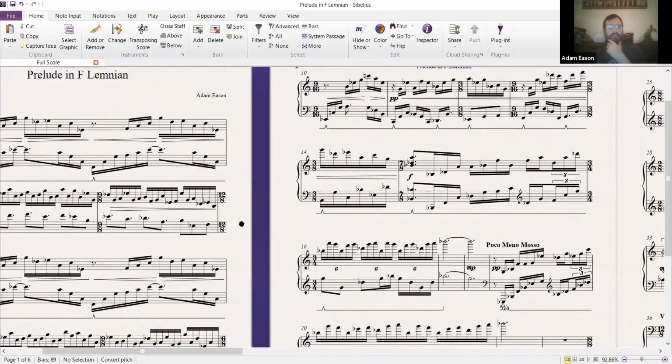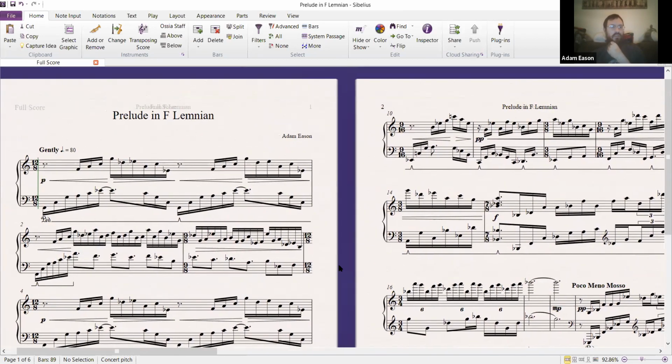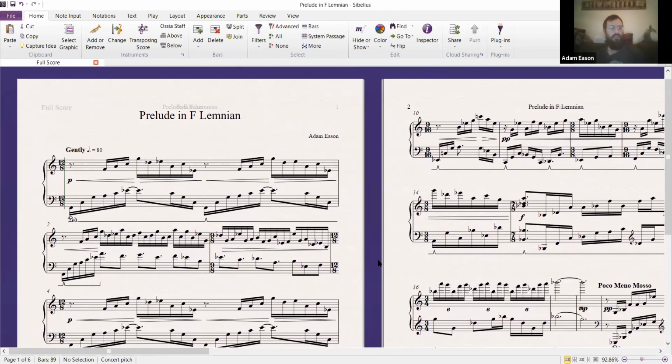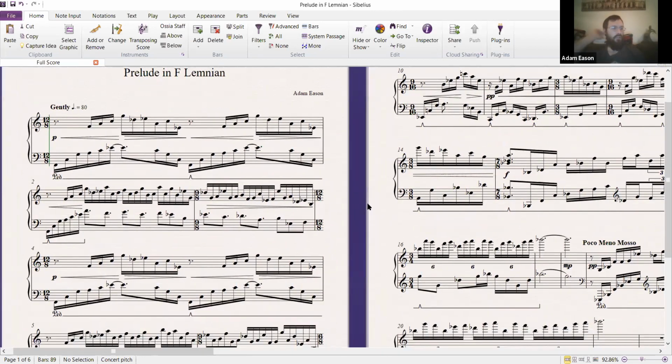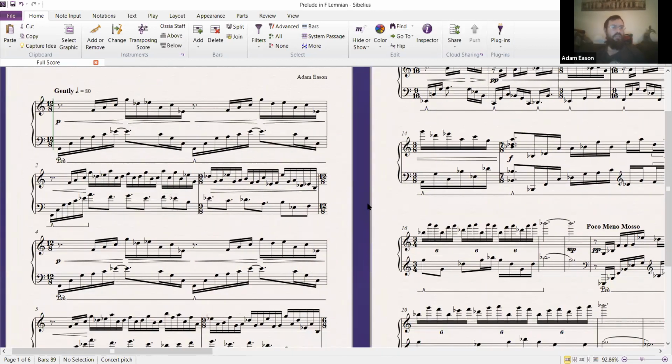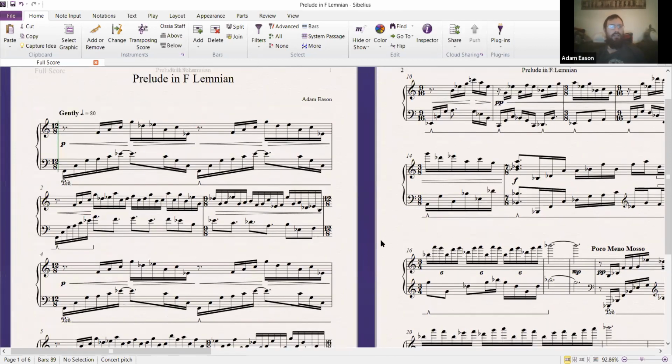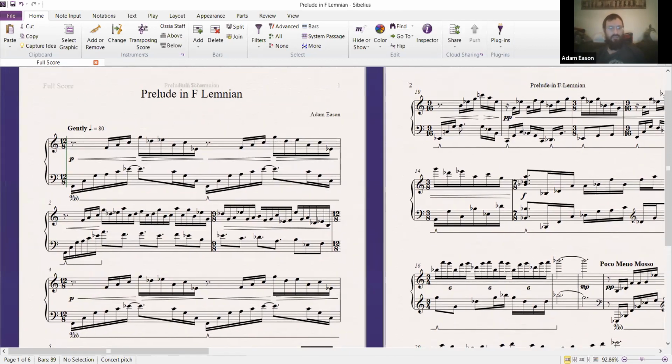I think you'll hear that the practice, though, with those four short pieces really paid dividends in terms of how this prelude turned out. Again, we're in the Limnian scale, so we looked at that centered on D, centered on G, now centering it on F.